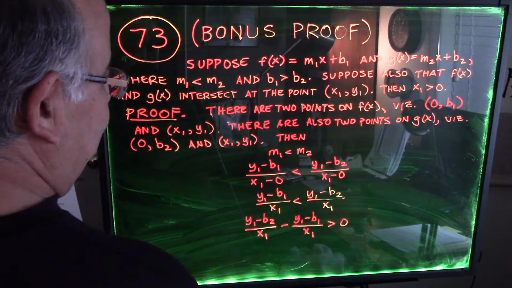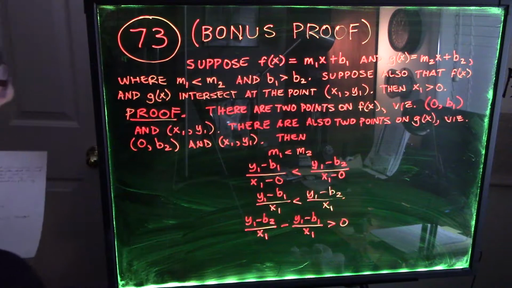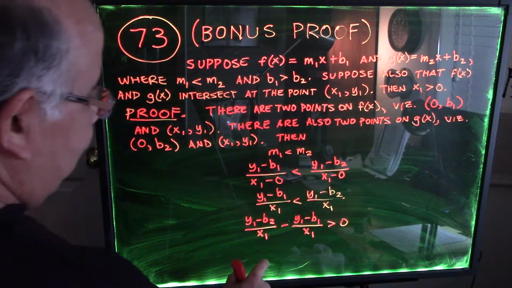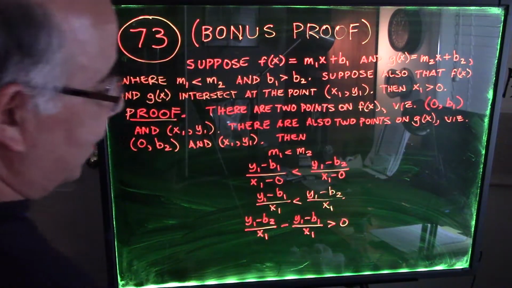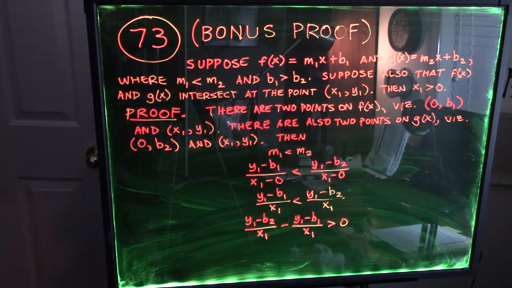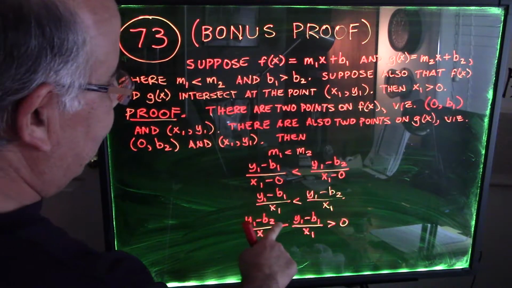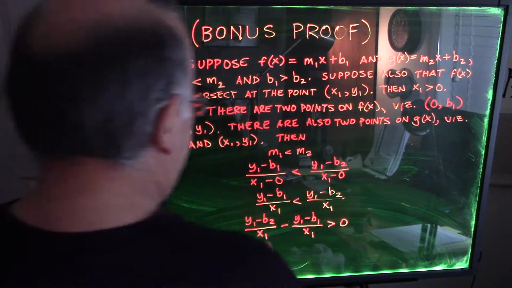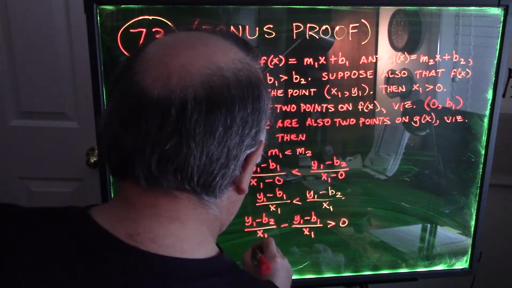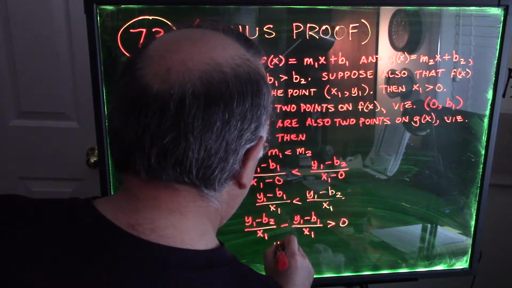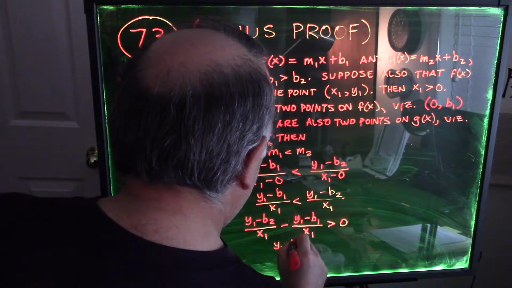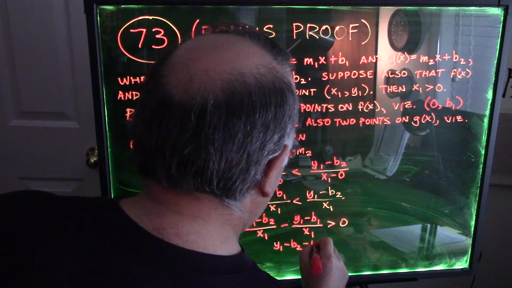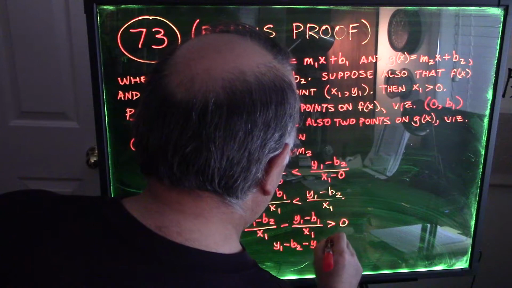Again, subtract this from both sides of the inequality. Now, how nice, they both have the same denominator. They have a common denominator, so all we have to do is subtract the numerators. So what do we have? We've got y1 minus b2 minus y1 plus b1.